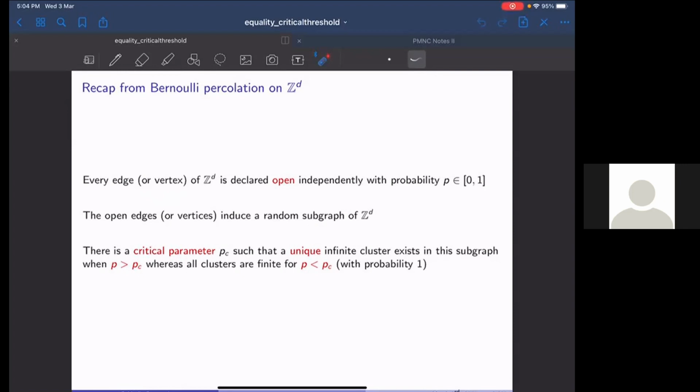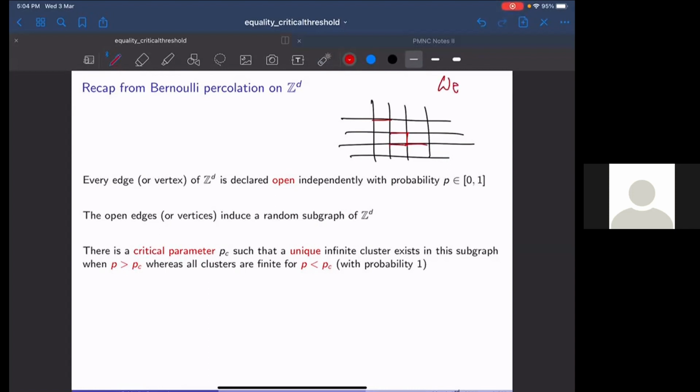So what we have here is a graph, let's say a lattice, and some of the edges you declare to be open with some probability p. So omega_e, the state of the edge e, equals 1 with probability p, and equals 0 otherwise, with probability 1 minus p.